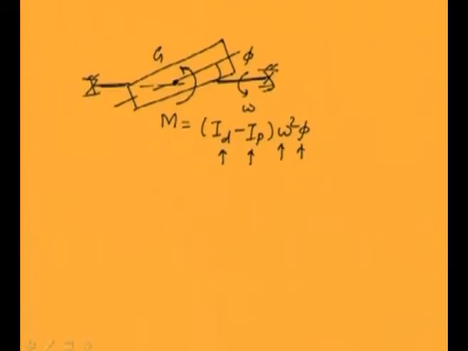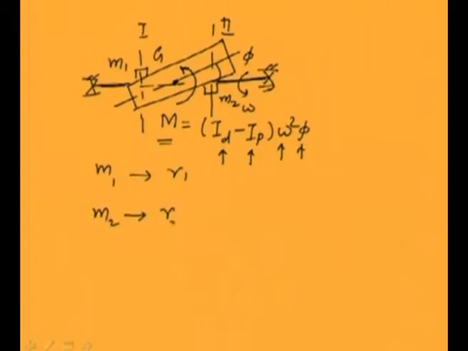Now to balance this moment, we need to put correction masses in two planes, plane 1 and plane 2, in the rotor. Let us say we are keeping mass M1 here and mass M2 here, and their radial positions are R1 for mass M1 and R2 for M2.